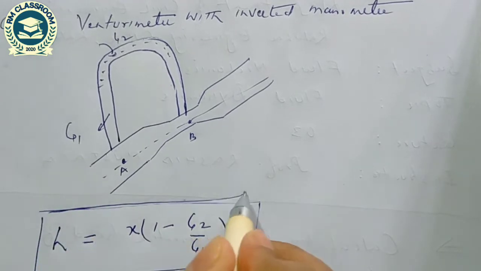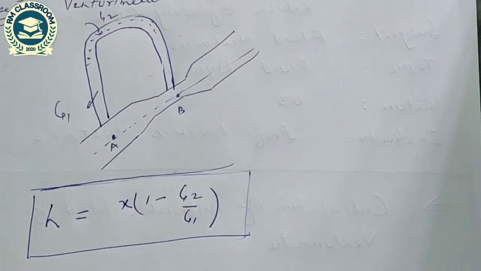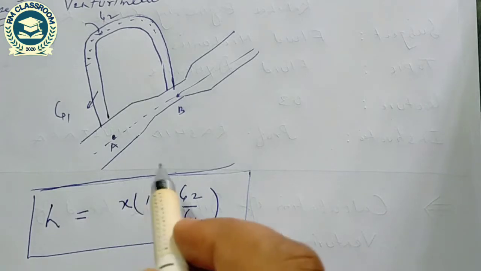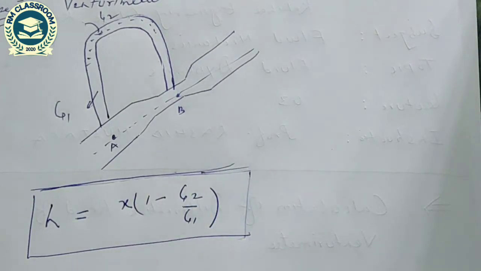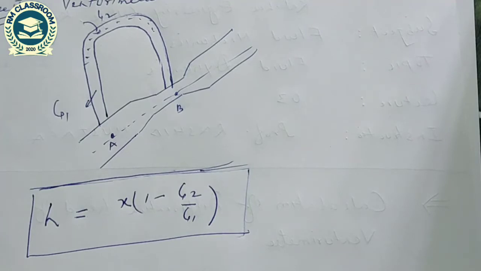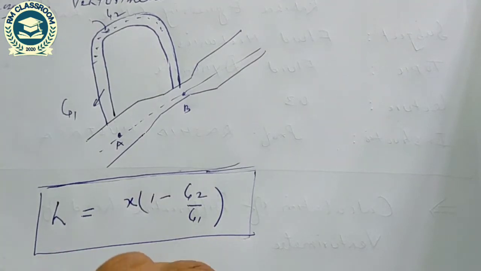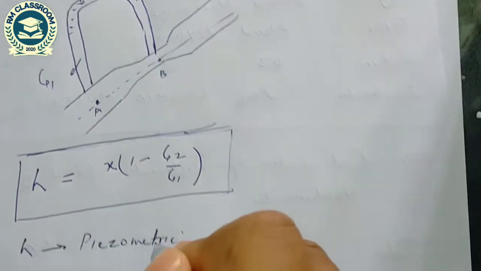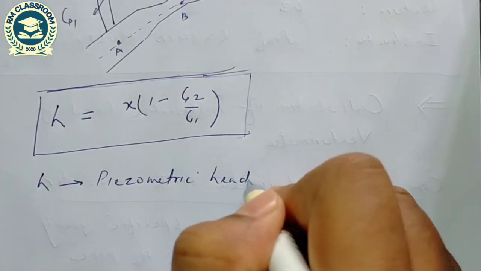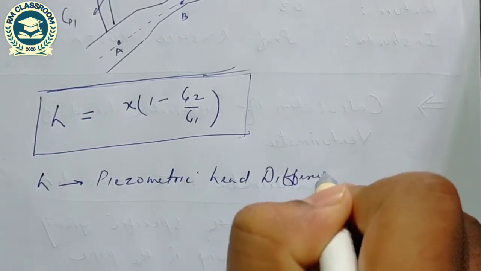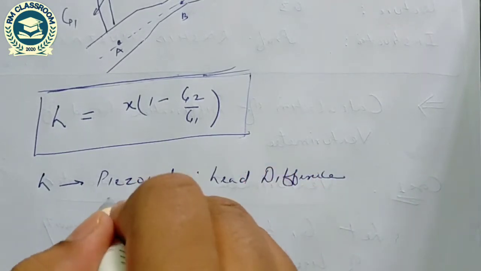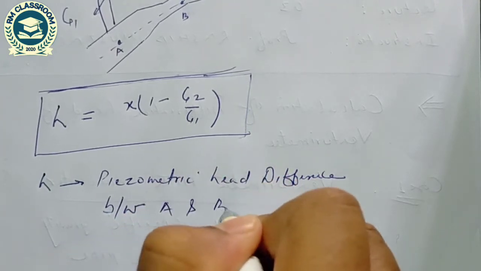So in case of an inverted manometer, we have to compute the piezometric head difference by this formula, where H is the piezometric head difference between A and B.